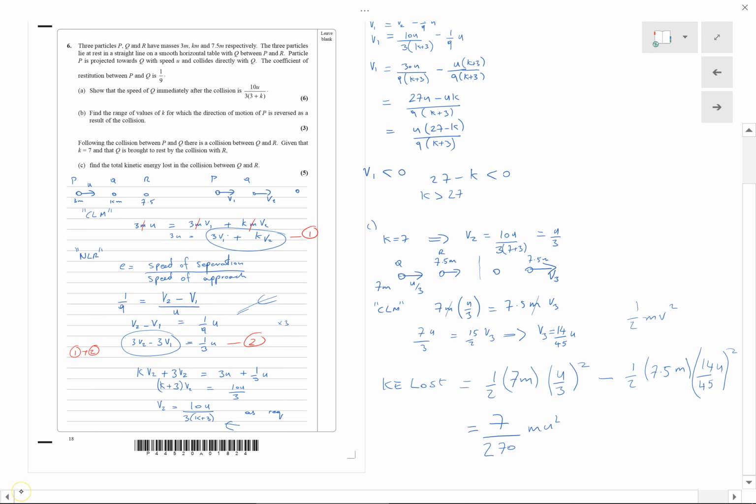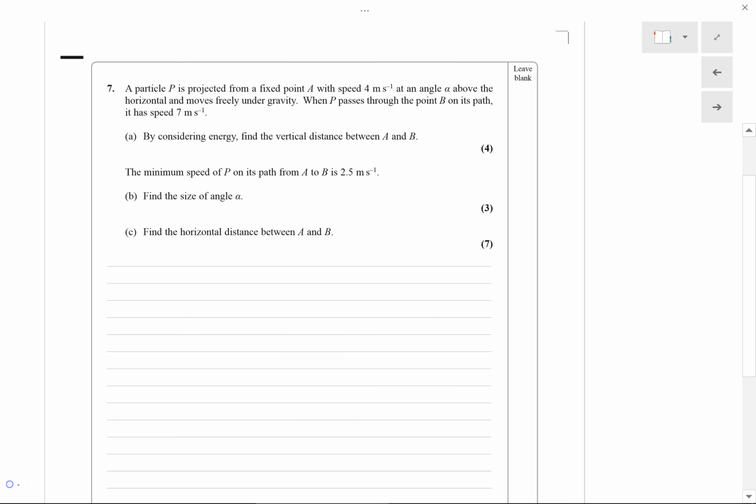Let's have a look at the final question 7. So this is projectiles. They're forcing us to use energy, because we've not really used much of the work energy principle here, so they probably thought they'd put that in. And it is the easiest way of doing this. Now, you might be initially confused here, because it talks about a speed of 4 and a speed of 7 afterwards.